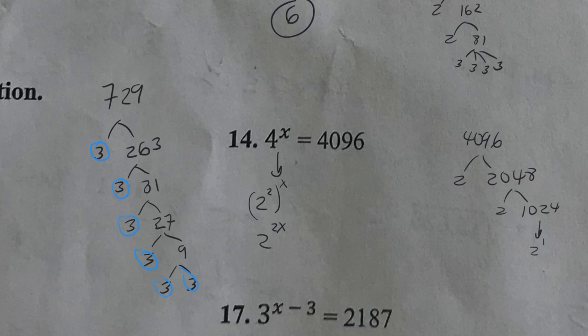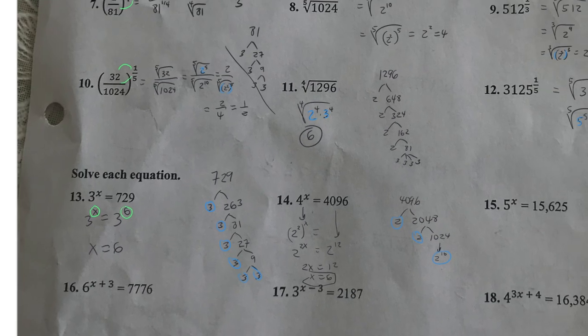So I'm just going to write 2 to the 10th power right there. So the reality is that this could be rewritten as 2 to the 12th because we have these two plus the extra 10 twos right there. So therefore 2x equals 12, divided both sides by 2, x equals 6. Okay, so it's that one.